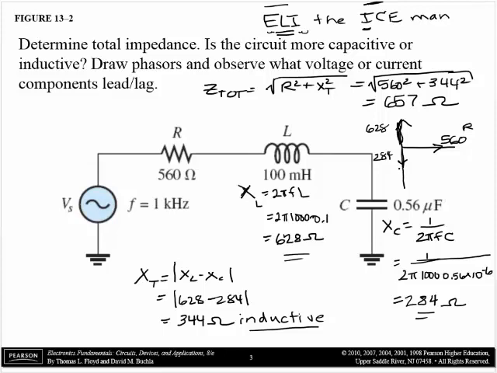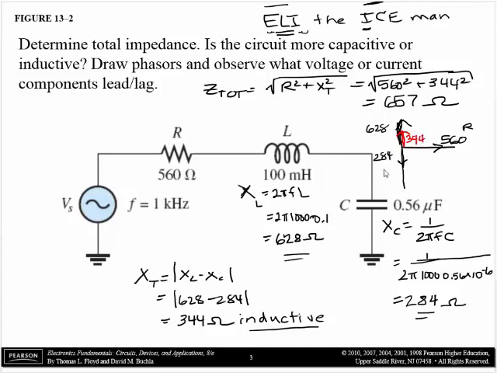So it's like doing math on a number line. You go 628 that way, but you have to go 284 down, so they subtract, and in the end you get, let me change my color so you can see it better, a resultant amount right here, X total, of 344 ohms in the inductive direction.